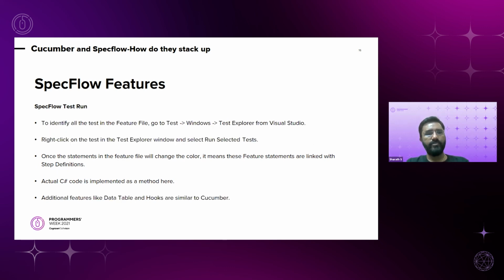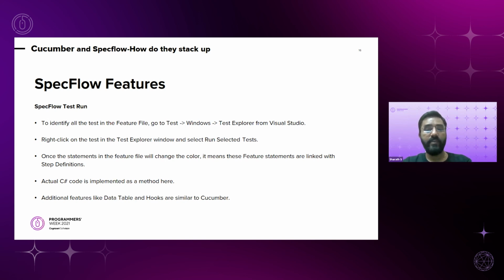If we want to run a test in SpecFlow, it has its own test explorer inside Visual Studio. Using the test explorer, we can run the selected test or multiple tests, add them up and run them.